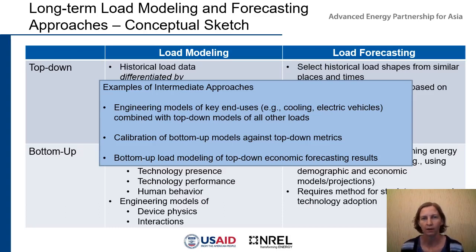So you could combine that kind of bottom-up modeling with the top-down load modeling. It's certainly helpful if you're doing bottom-up load modeling to calibrate those models against top-down metrics. So that's a combination of a sort. And you might also do bottom-up load modeling of top-down economic forecasting results. That's another combination that we've done in our work.